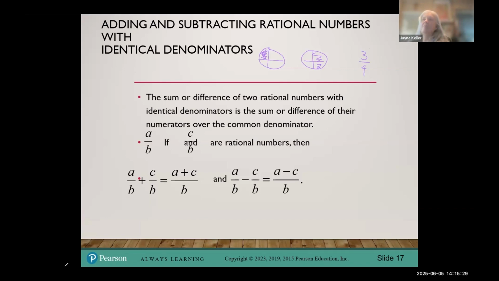So when I'm adding, as long as the denominators are the same, I'm going to add my numerators. And that works for subtraction. As long as the denominators are the same, I can subtract.